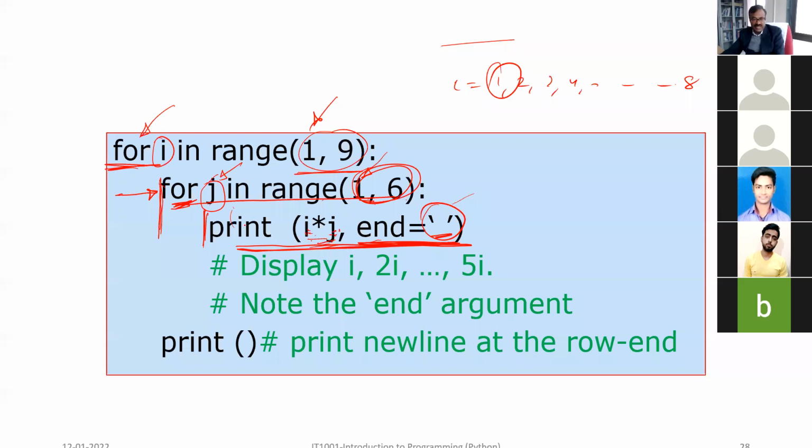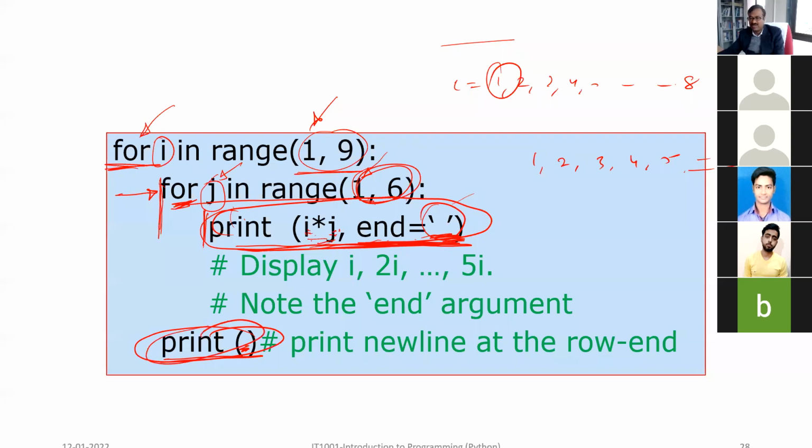You can see that I'm allowing this print statement to print in one single line, and then followed by that there is a print statement which is not taking anything. Why am I putting this print statement, which is a new line statement? It will move the cursor after printing 1, then 2, 3, 4, 5, and otherwise it will continue to print in the same line.